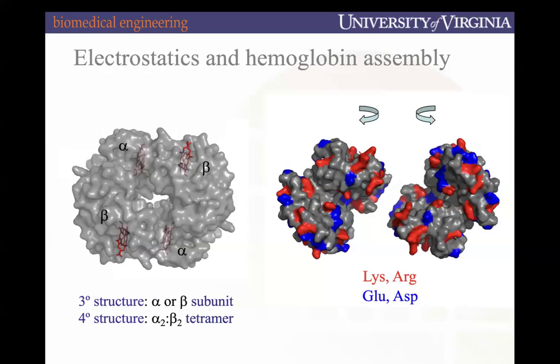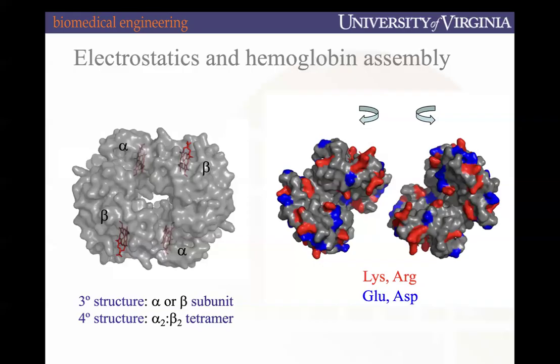When we're talking about the structure of proteins, the primary structure was just listing out the amino acid sequence. Looking at an individual subunit or an individual protein, a structure like this, that's called its tertiary structure. The tertiary structure is looking at one specific protein.